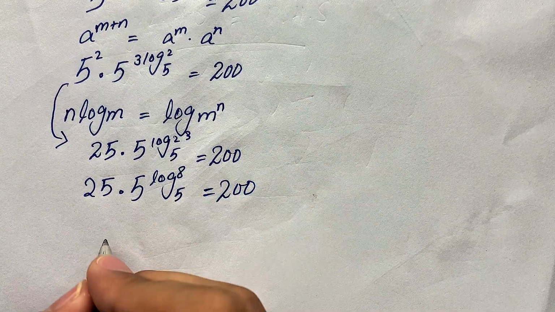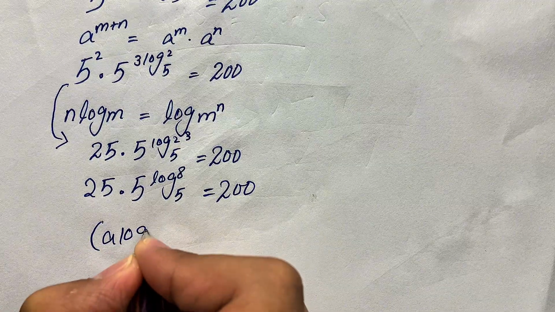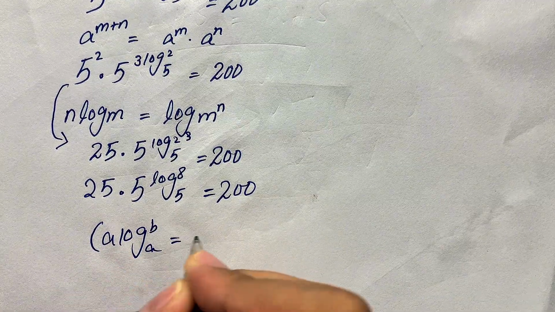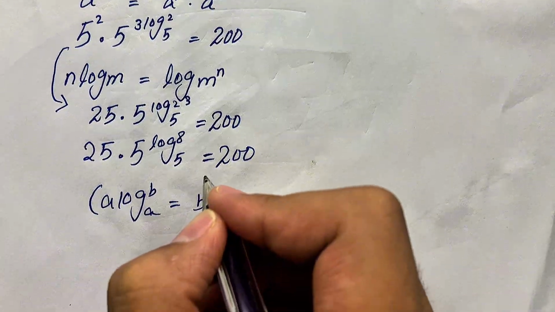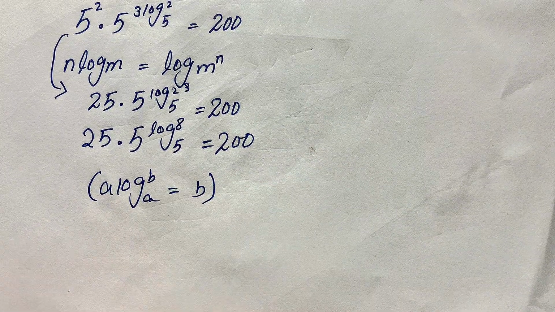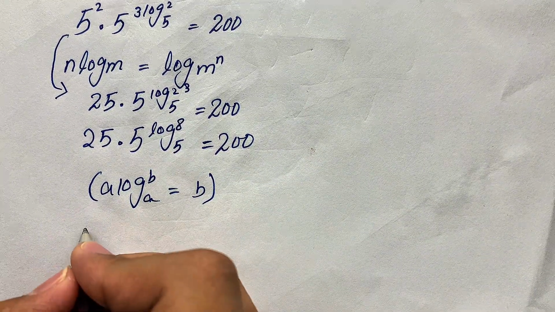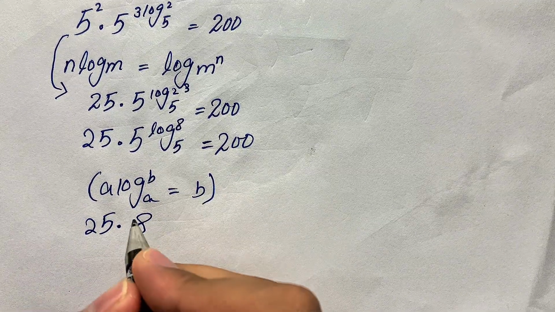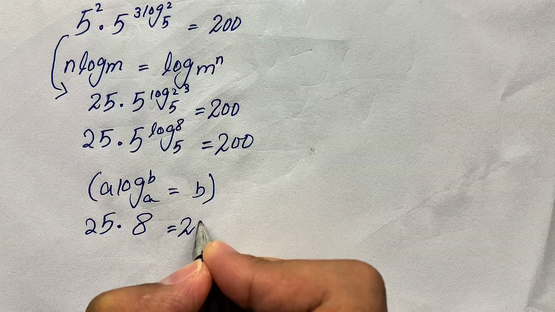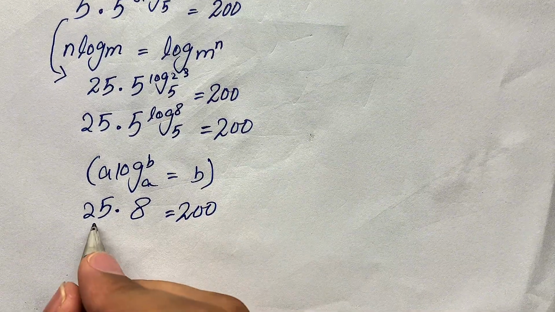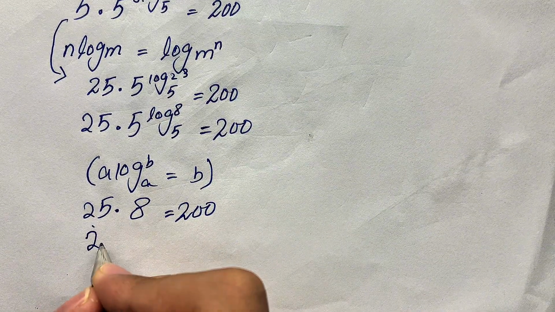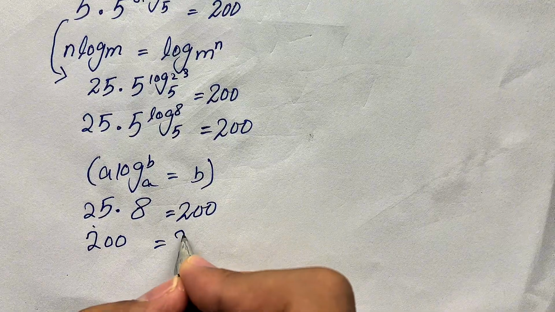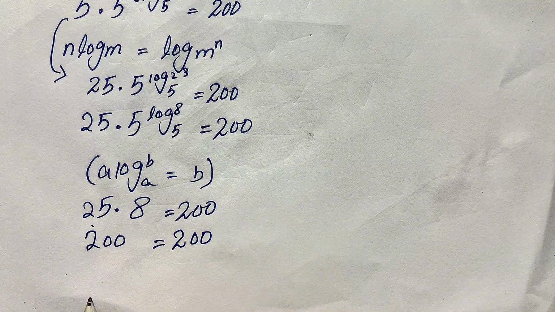Now we are using this formula, a to the power log of b base a is equal to b. After applying this formula, we get 25 into this 8 is equal to 200. 25 multiplied by 8 is 200, is equal to 200.